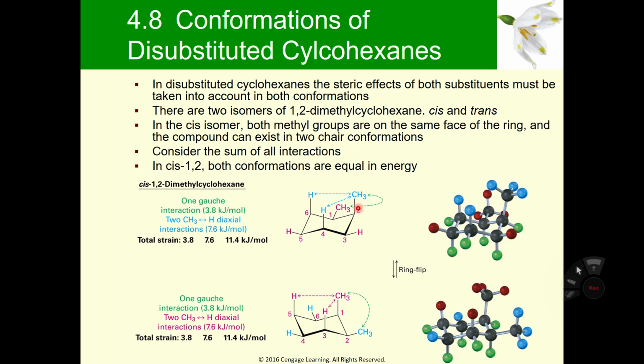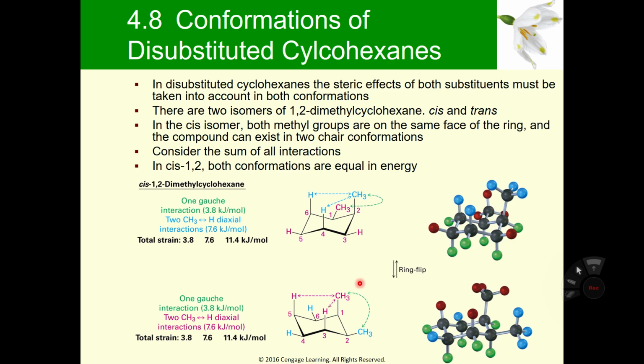Therefore, in cis 1,2-dimethylcyclohexane, one methyl group will be axial and the other methyl group should be in the equatorial position. If it undergoes ring flipping, then the two methyl groups will change their positions, and axial becomes equatorial and equatorial becomes axial.